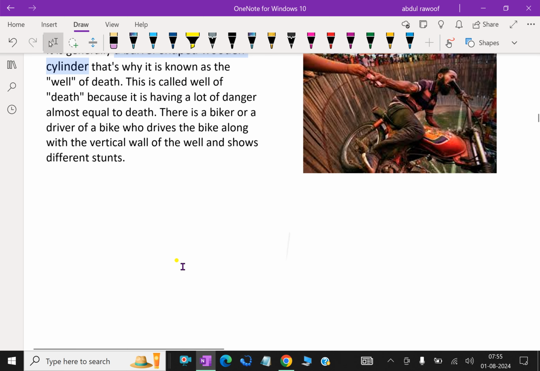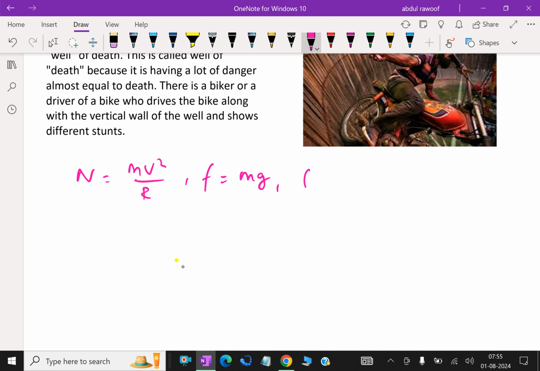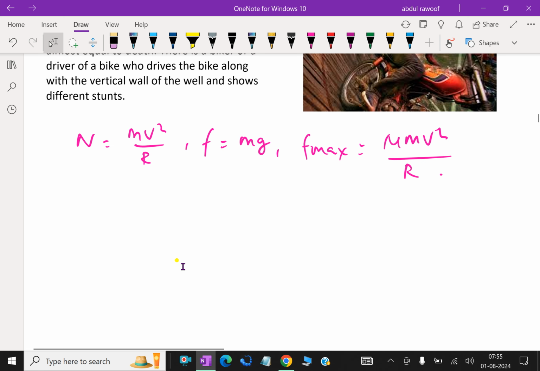The well of death has some formulas: the normal force is mv squared by r, the friction force F equals mg, and F max equals mu mv squared by r. The cyclist does not drop down, that is the cyclist or biker.